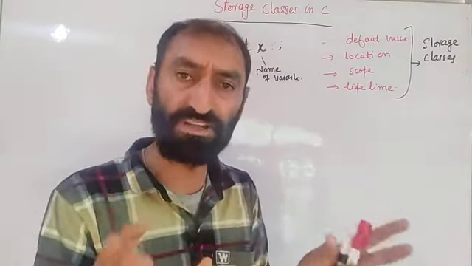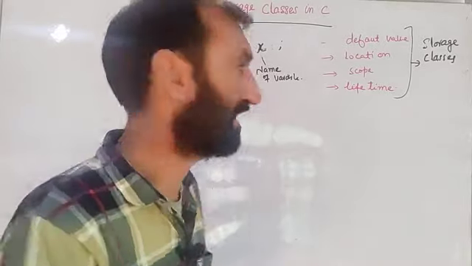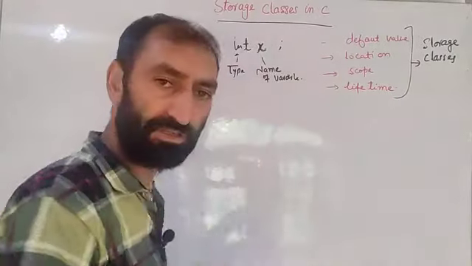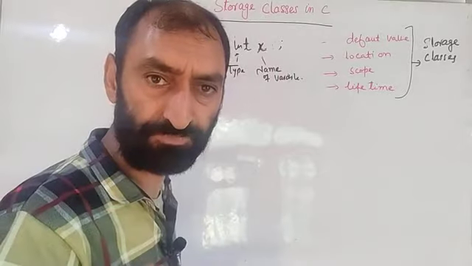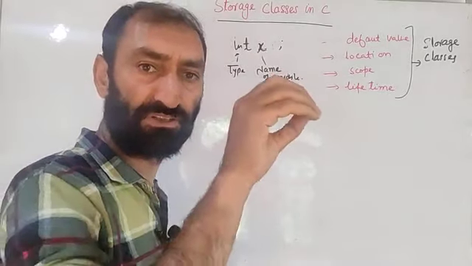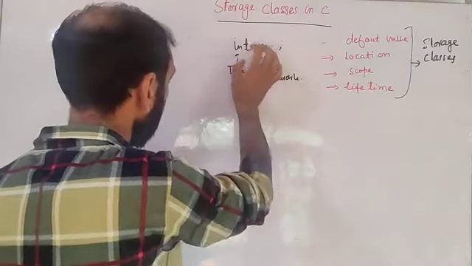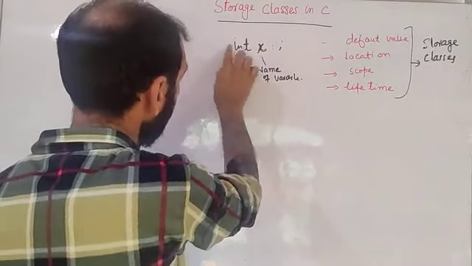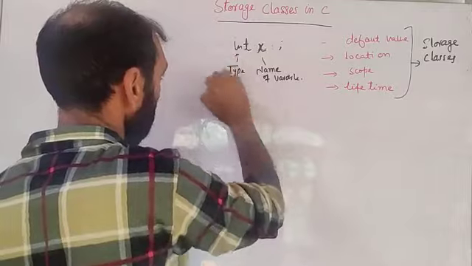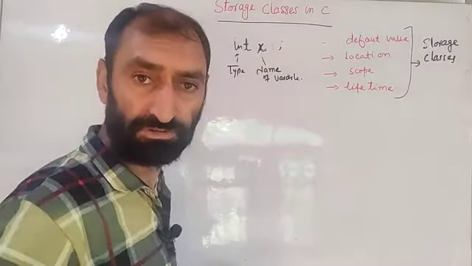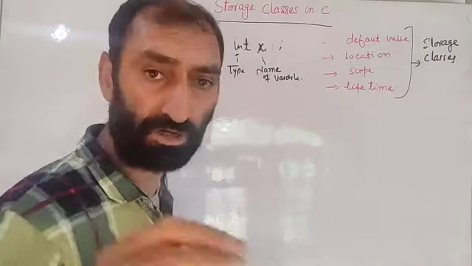There are 4 different types of storage classes which are associated with these variables: auto, external, register and static. Okay, by default, if I don't write anything here, the storage class is auto.